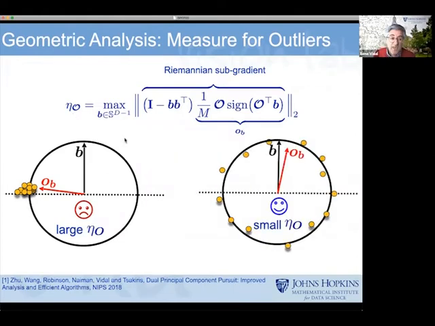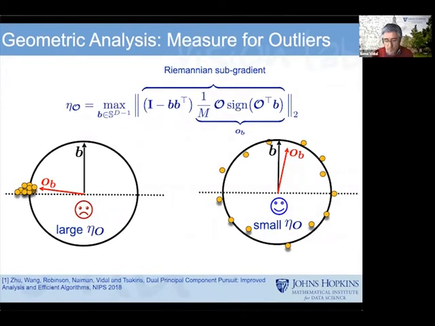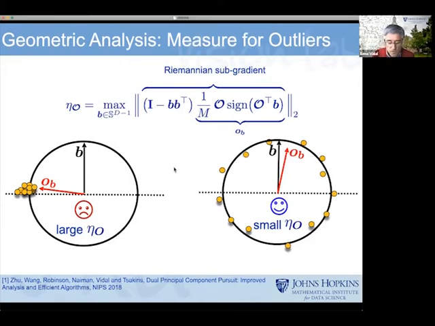Conversely, if the outliers are well distributed in the ambient space, then I cannot choose any B that will make it orthogonal to the OB, because the OB would always be somewhat aligned with B. Why?